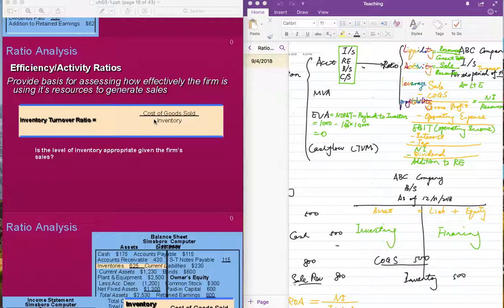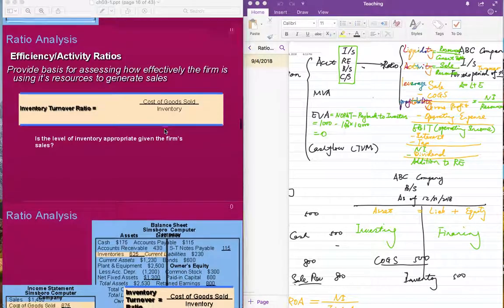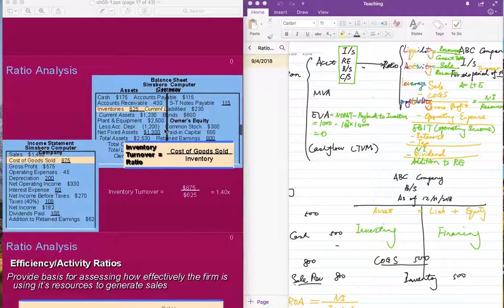But it's more meaningful in terms of measuring inventory turnover ratio, that is, how efficiently we're selling our inventory. So the cost of inventory is transferred into the income statement and recorded as cost of goods sold. For instance, the example here shows our inventory turnover ratio for Simsparrow.